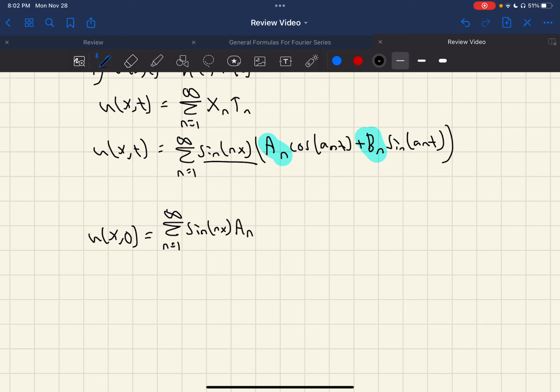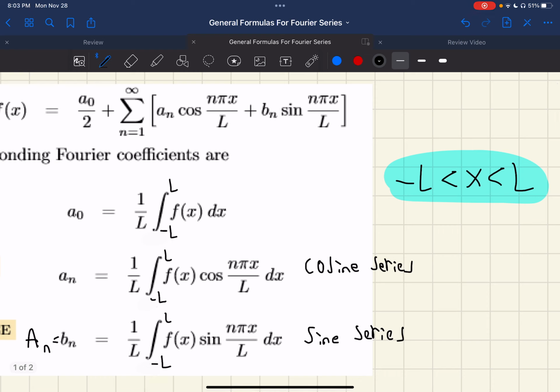So let's look at what a sine series is. Our sine series is basically like we're treating capital A_n as lowercase b_n, because the type of series is mainly dependent on whatever our x ODE resulted in. So that's why we're going to do a sine series here. But the thing with Fourier series is that it applies to bounds of negative L to L. So in the context of this problem where we know that L is pi, the bounds would have to be negative pi to pi, which isn't what we have.